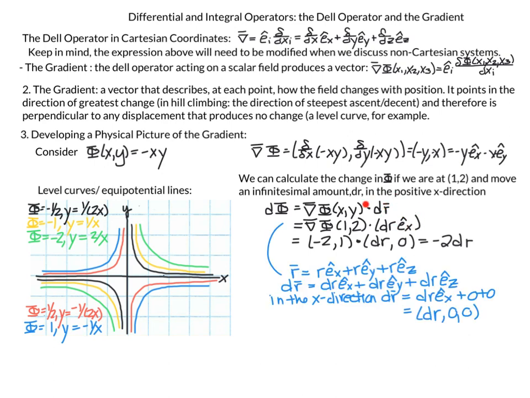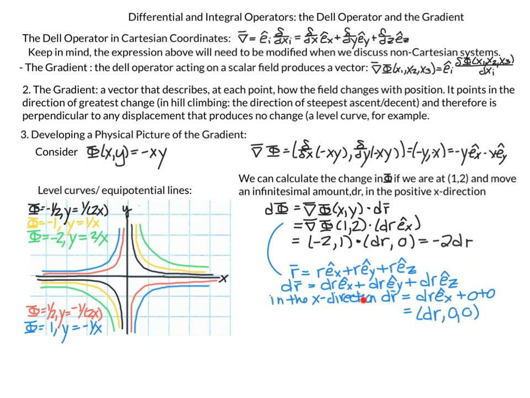And I feel like this notation is kind of strange. It's awkward for me, so I just wrote it out. So our r vector is equal to r times the x component plus r times the y component plus r times the z component. So dr is dr times the x, dr times the y component, dr times the z component.